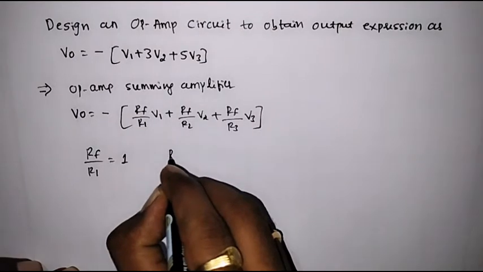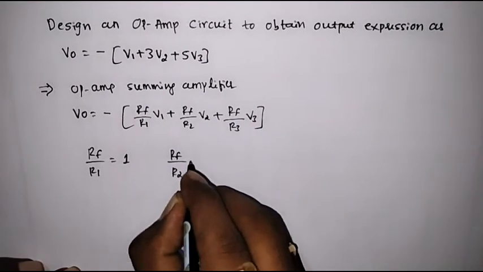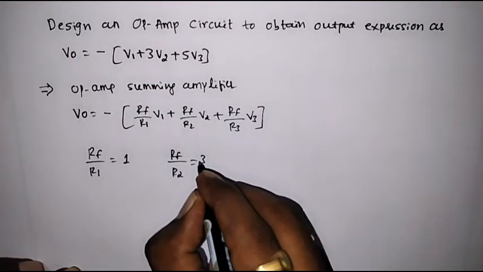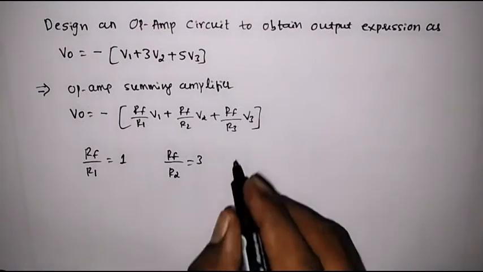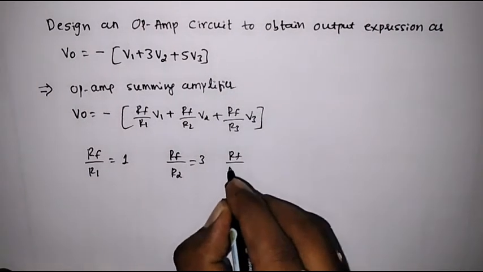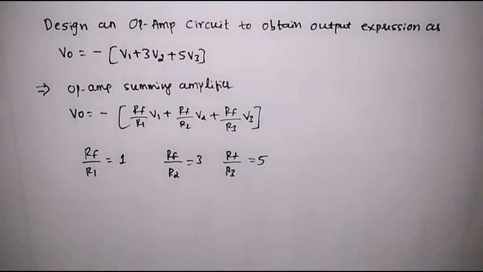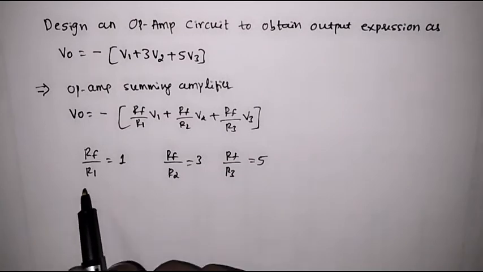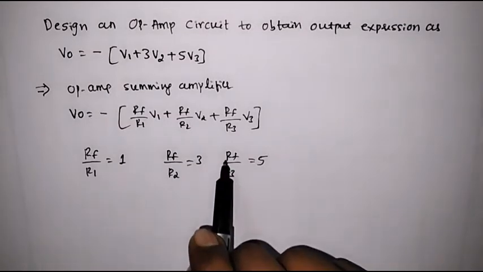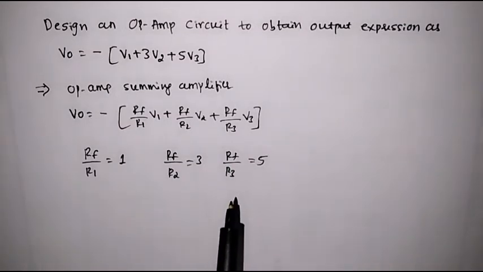Similarly, we can say RF by R2 is equal to 3. And similarly, RF by R3 is equal to 5. Now designing means we are supposed to calculate the R1, R2, R3 and RF values so that we can draw the circuit and mention all the values.